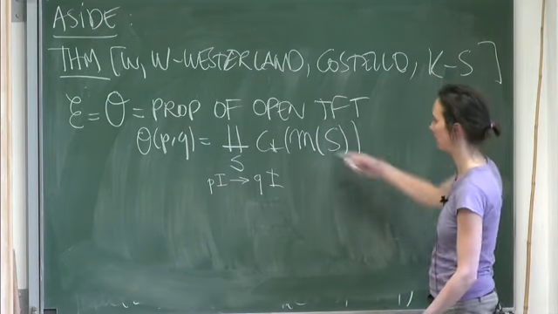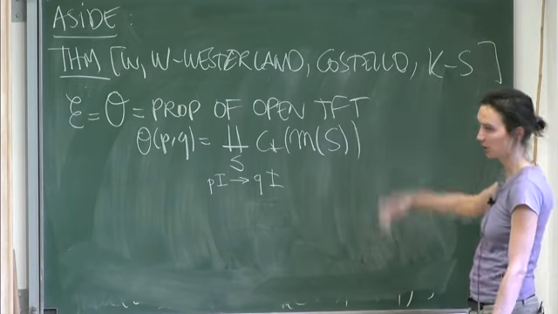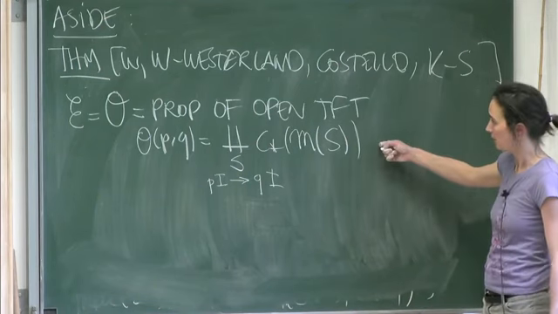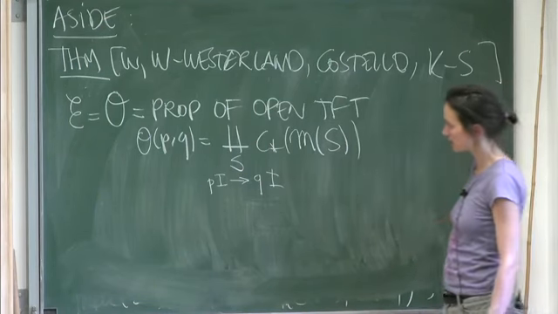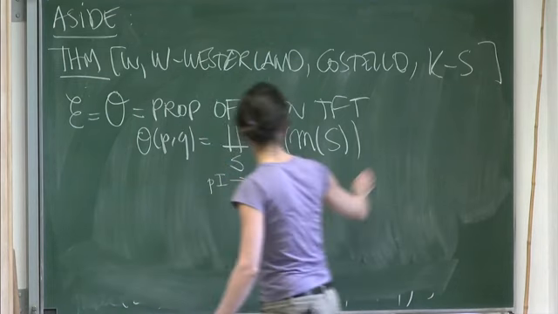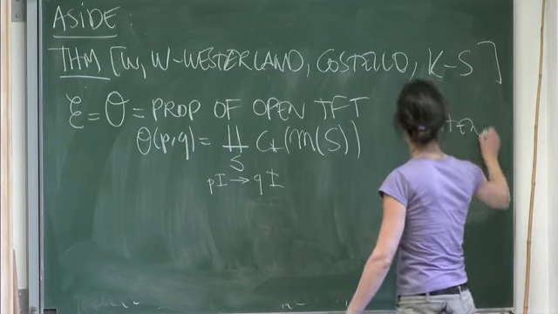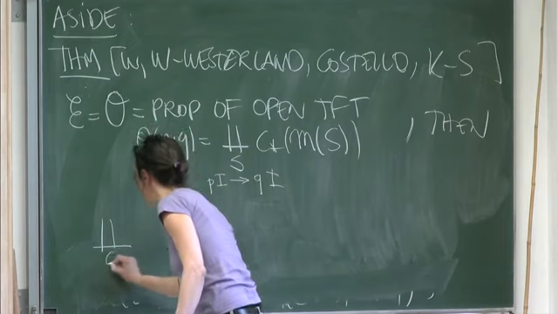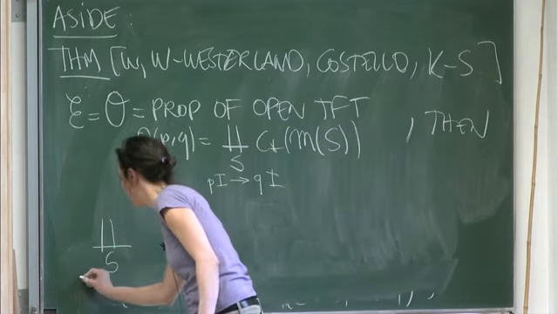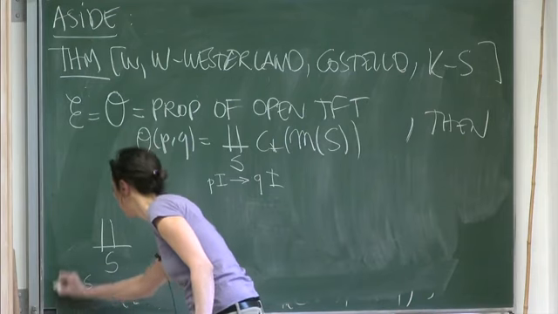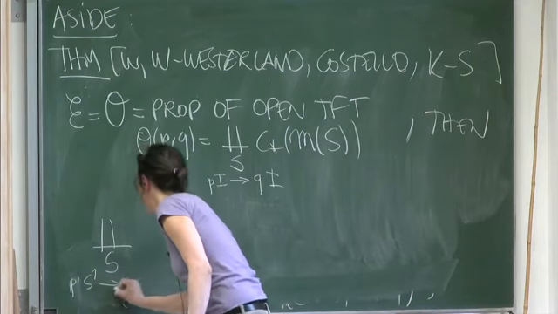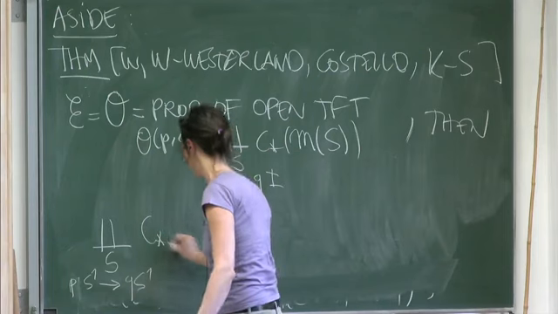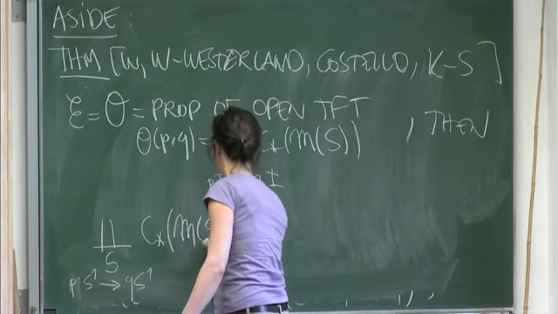So you can build such a prop. You can define it in terms of graphs or something like this. What we get is these natural operations, which give you a disjoint union over surfaces which are now cobordisms from P circles to Q circles of chains on the moduli space of these cobordisms.